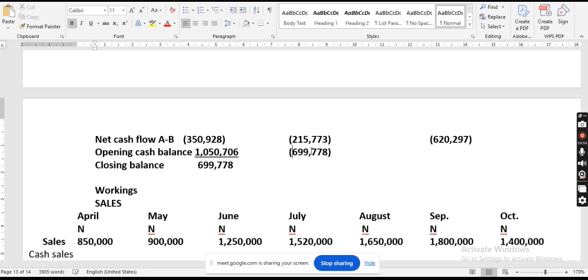So what do you have? 484,005. So the closing balance of this will be the opening balance of this.